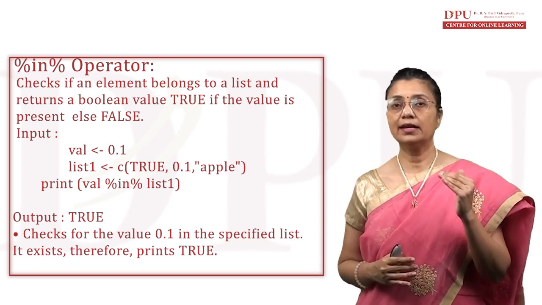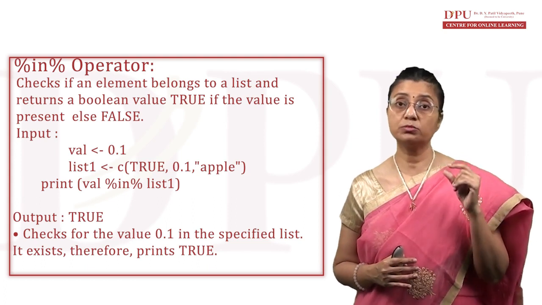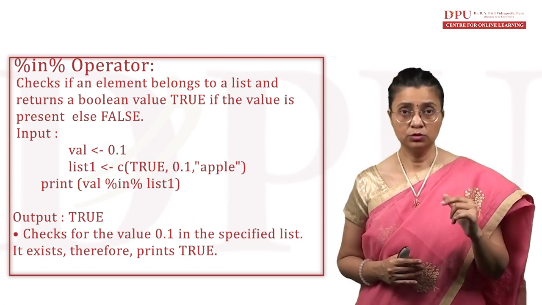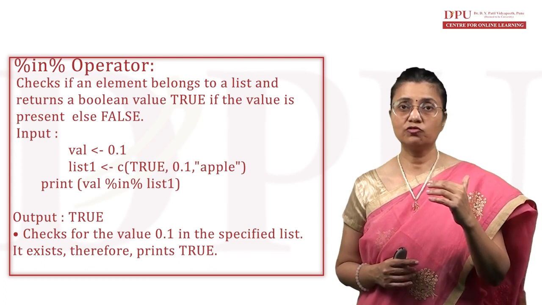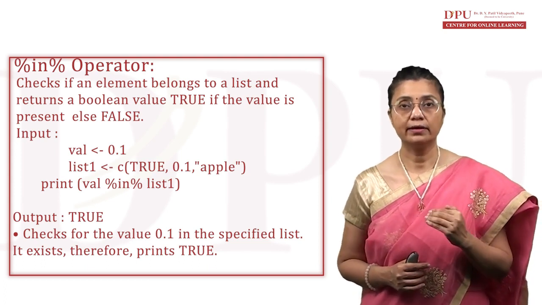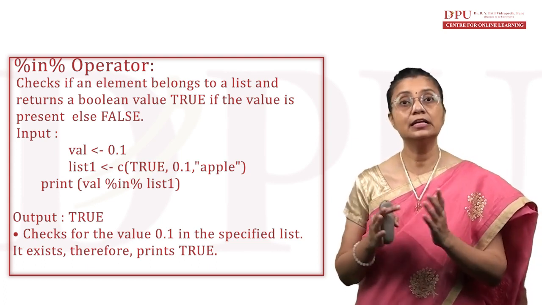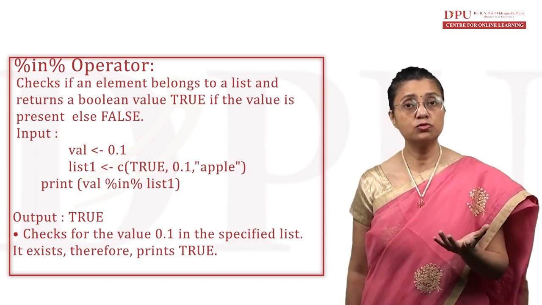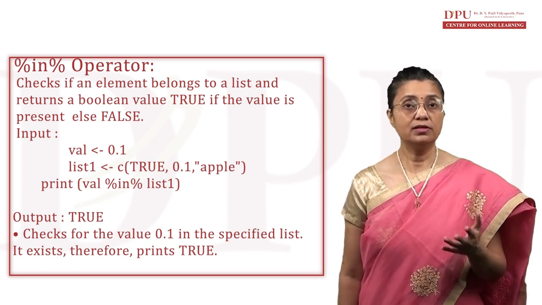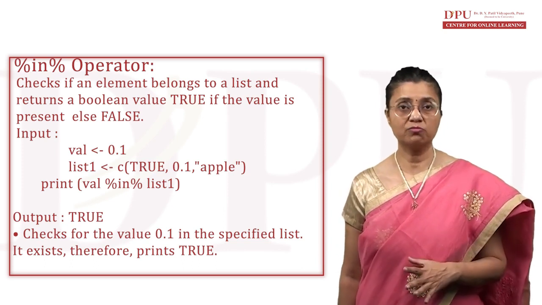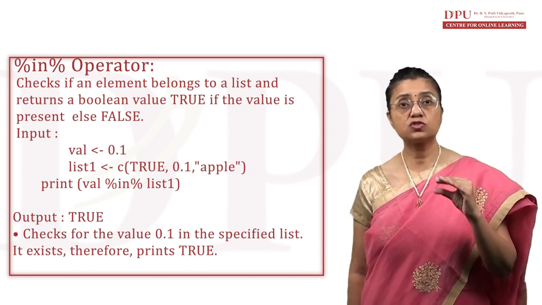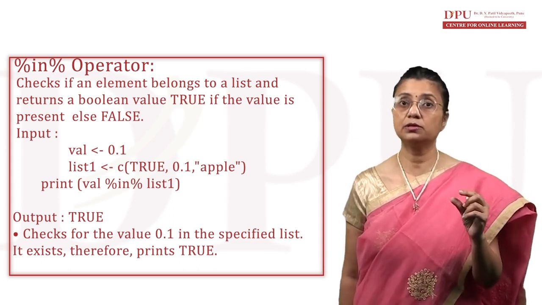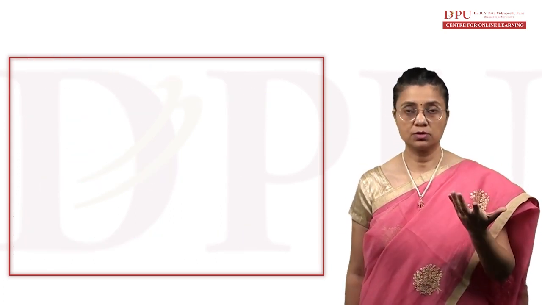So I have created val, which is a variable, the value to be searched, or I can say the search value. list1 is my first list of values, and in the print command I'm writing val %in% list1. So it is checking whether the value is present in list1. If true, then it prints TRUE. And if it was not present, the output would have been FALSE. So mainly this is a search operator which will search a particular value in a list of values.